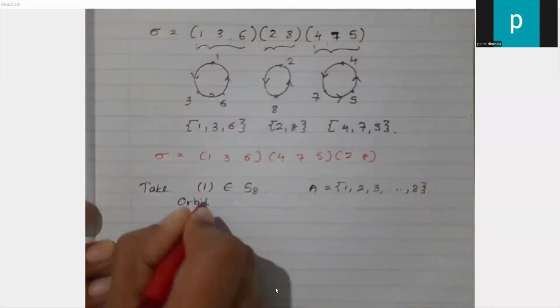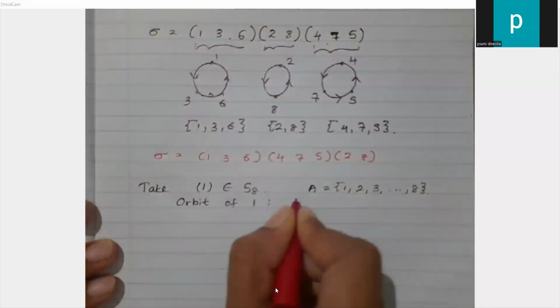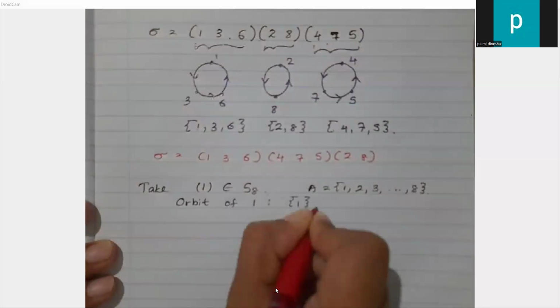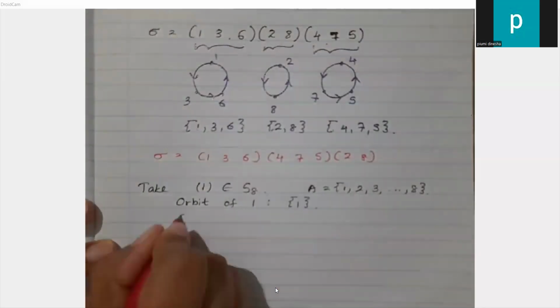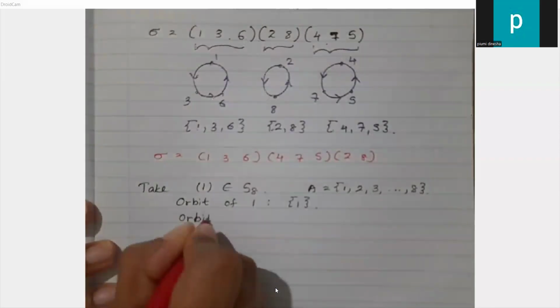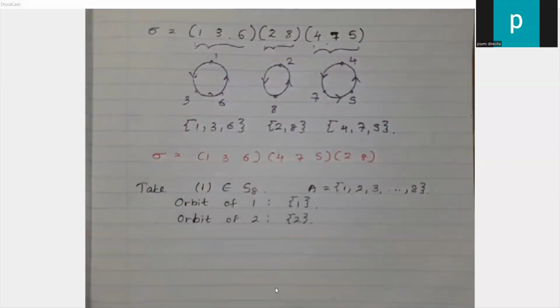Just 1? Is the singleton set 1? It's a set, right? Orbit of 1 is {1}. Orbit of 2? Singleton set {2}. Yeah, it's the singleton, or all these one-element sets. So we see that for the identity permutation, the orbits will be all the singleton sets by elements in A, right?